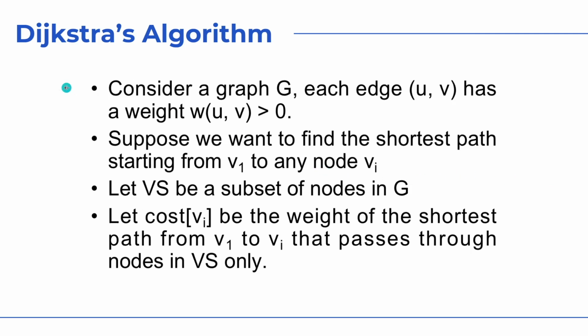Now we move on to the algorithm meant for solving the single source shortest path problem. The algorithm's name is Dijkstra's algorithm, and as I said before, this algorithm falls under the category of the greedy approach to problem solving, where the greedy approach means it tries to find the best solution.